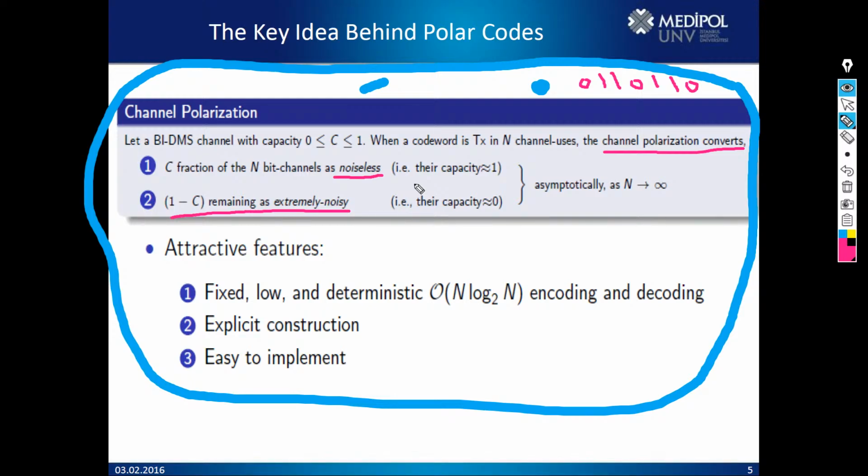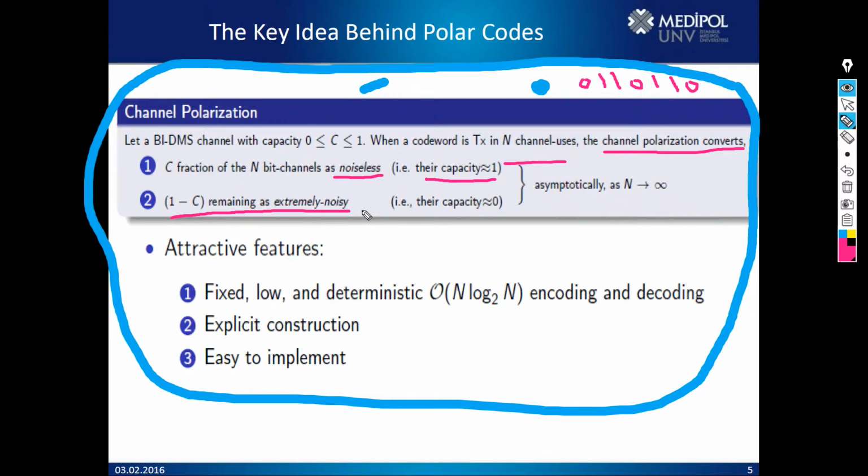Whatever you transmit over these subchannels, you will get them right, you will not lose them, you will detect them correctly, and we call their capacity 1 because they are noiseless, there is no noise. This is the first extreme. And the second one is what we call extremely noisy, which means you cannot recover your data successfully. Remaining as extremely noisy. Now, this extremely noisy, the capacity is equal to 0.